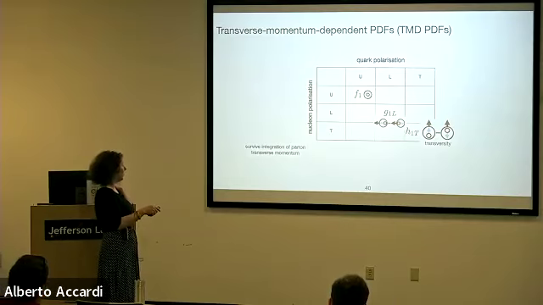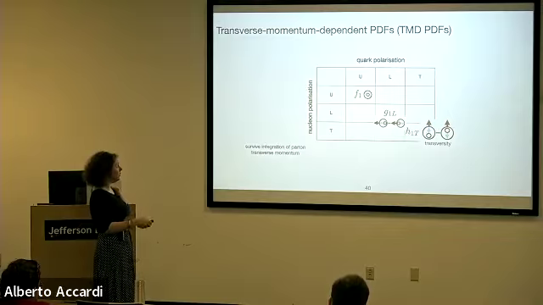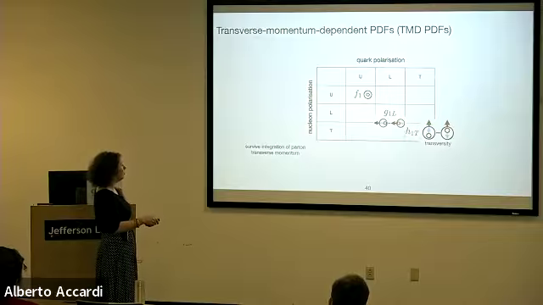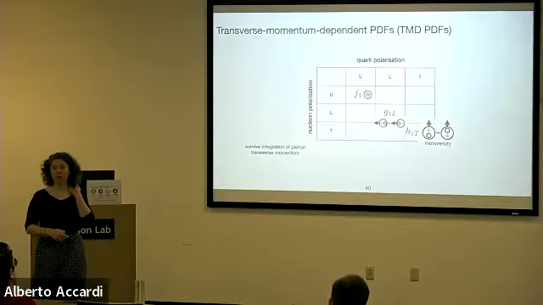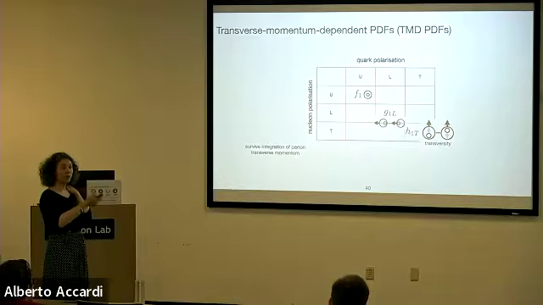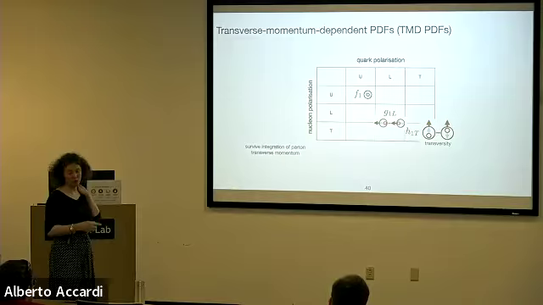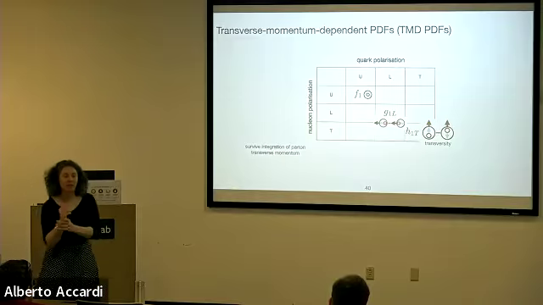You know the standard PDFs where you look at unpolarized quarks in an unpolarized nucleon. Now, in addition, I did not discuss this, but you can also have the distribution of transversely polarized quarks in a transversely polarized nucleon. And these are different from these helicity distributions, formally because rotations and translations don't commute in QCD. You can look at it like this.